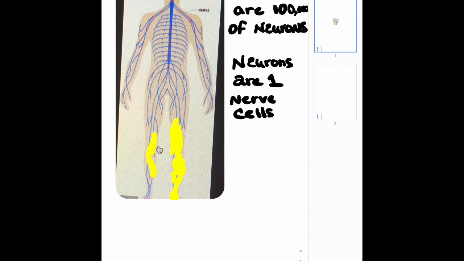You've got over a billion, you heard me right, 1 billion neurons in your body. So of course, nerves are made up of hundreds of thousands of these neurons. I'm erasing all of that stuff that I made.